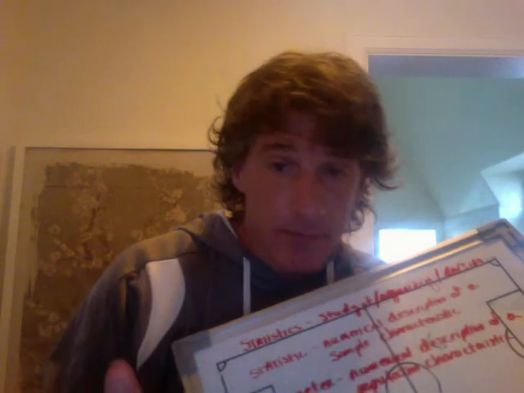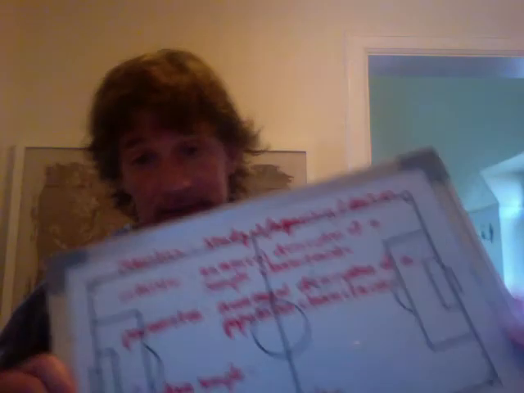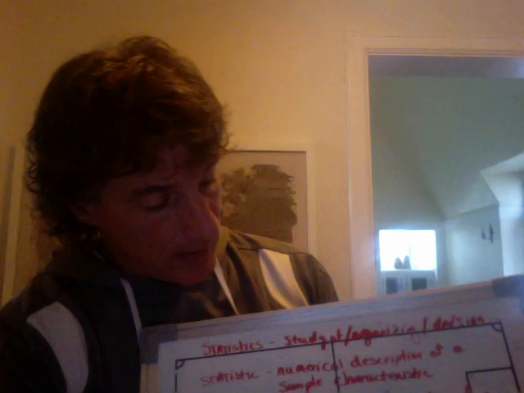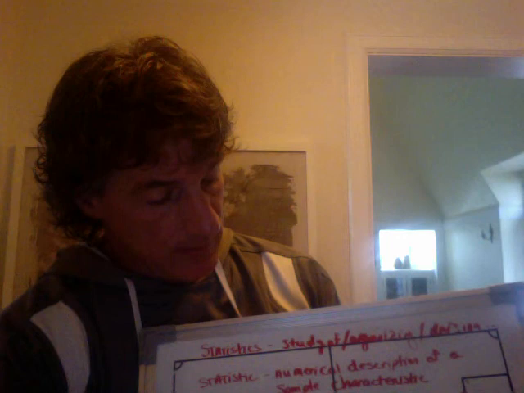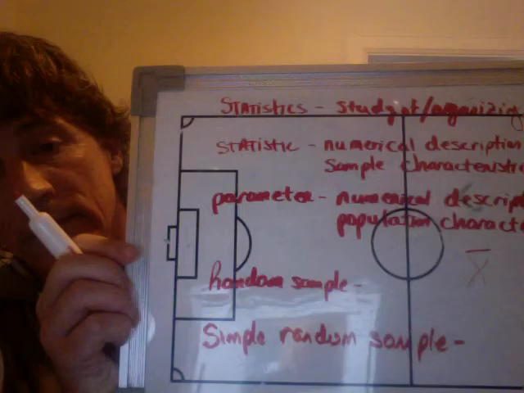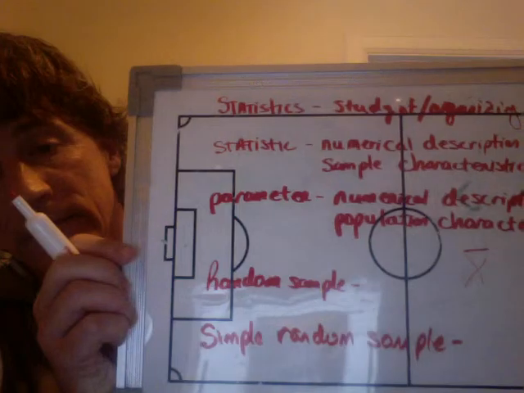Now, statistic and parameter. X bar is an example of a statistic, and X bar literally has the X and the bar over it, and stands for mean. It's the sample mean, and then mu, it's a cursive U, pronounced almost like a cow's mooing, is the population mean.